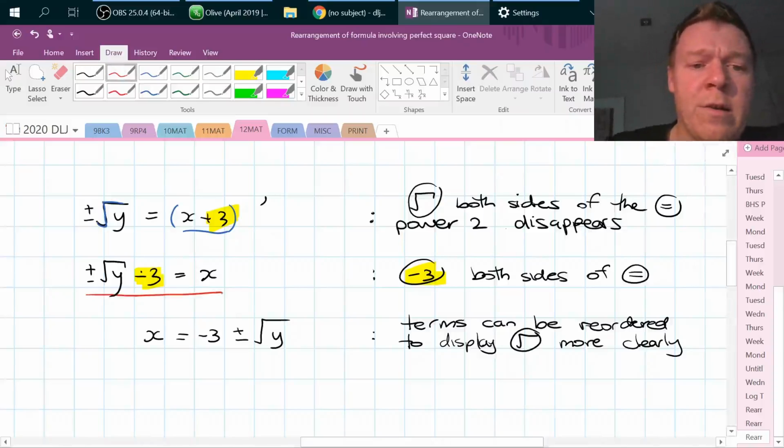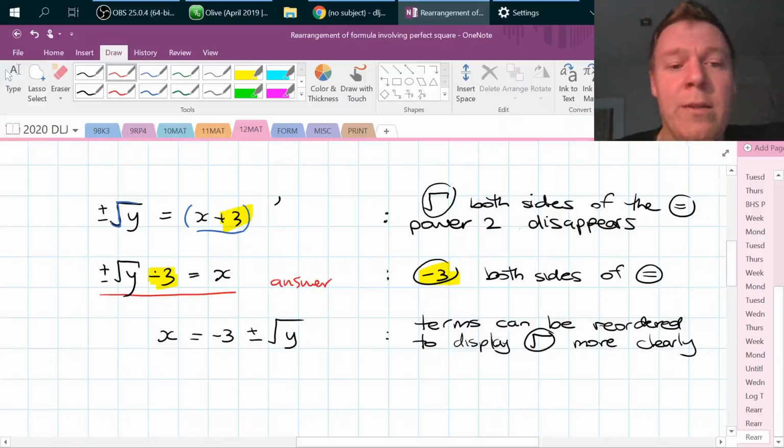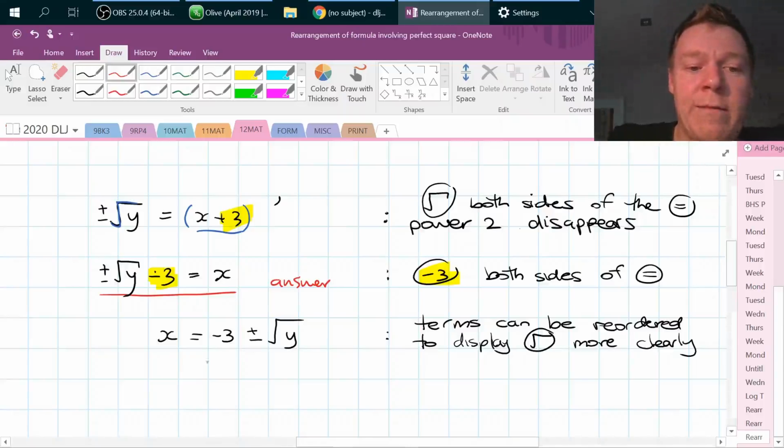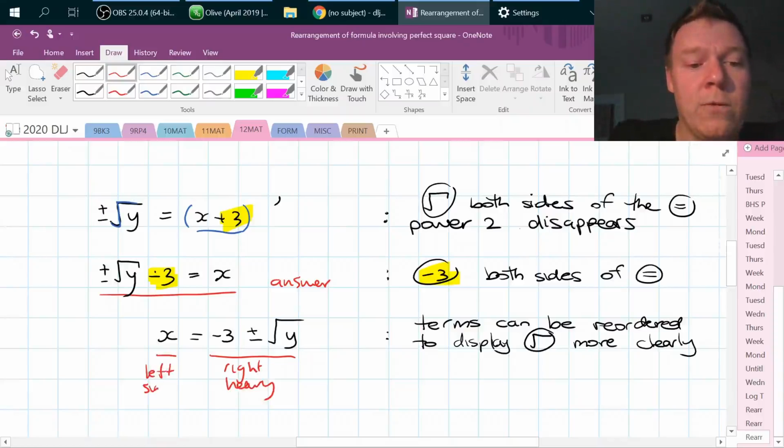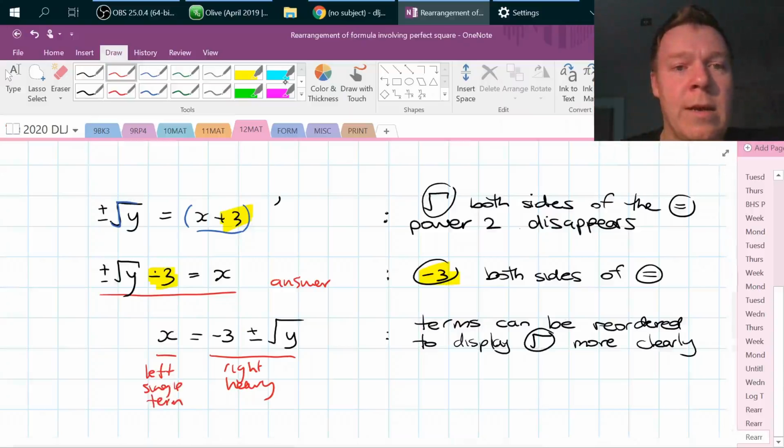a final answer. So this is the answer, but there's a better way to write it. Generally you want to have the majority of terms on the right, so this is the heavy side, and you want the left to just be a single term. So what I've done here is I've flipped it, and I've swapped the terms around.